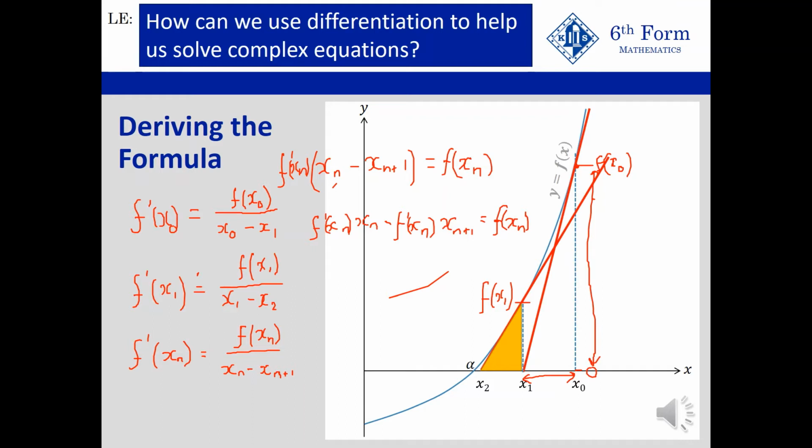Because it's minus at the moment, I'm tempted to rearrange that onto the other side of the equation. So I'm going to make it f dashed of xn times xn minus f of xn equals f dashed of xn times xn plus 1.